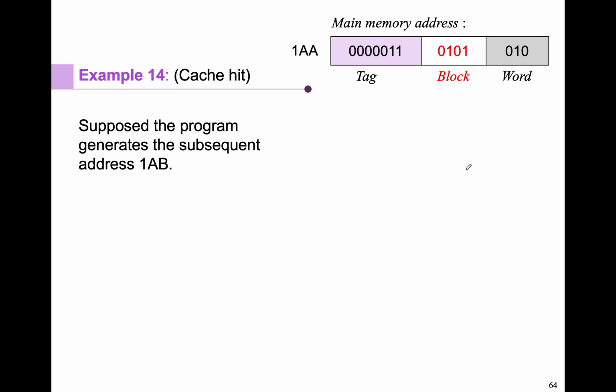And how about if we have example 14, cache hit. What happened? Suppose the program generates the subsequent address 1AB. So you convert it to binary. You can see over here you have 1AA, what is happening on your main memory address?